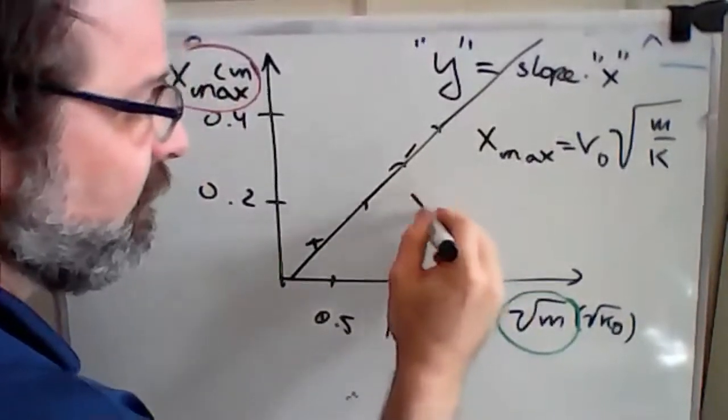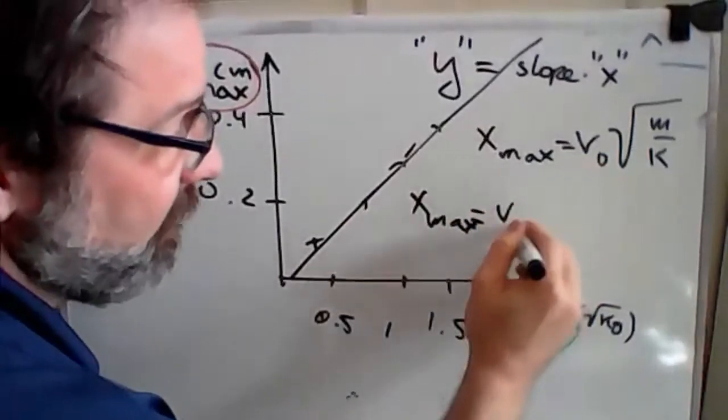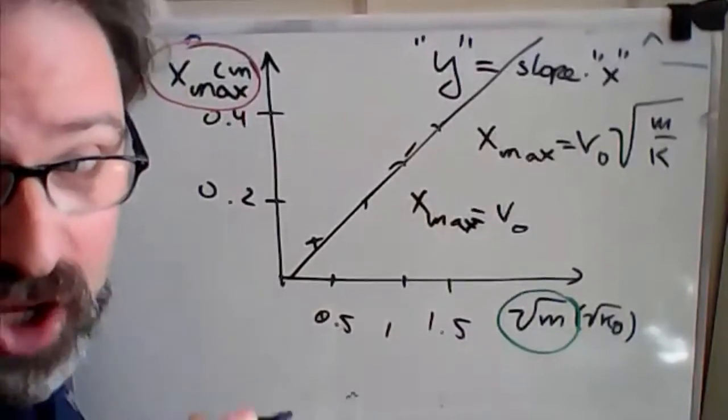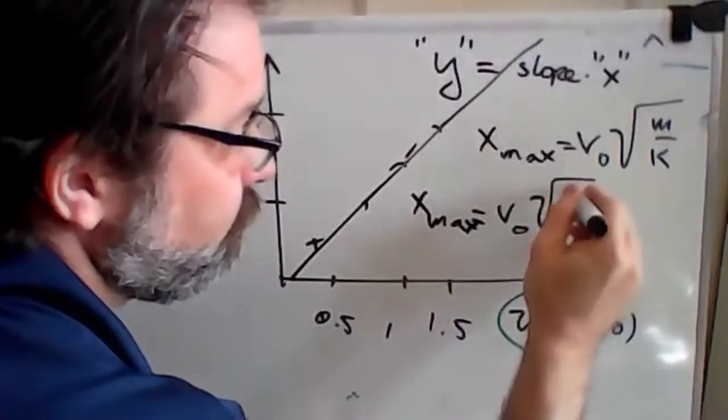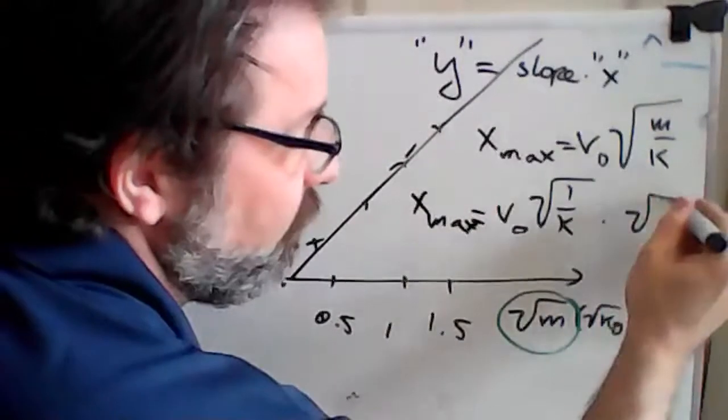So we want to sort the constants out of here to get that going. So let's take a look, x max, and we have v0 as a constant, but in here we have square root of 1 over k. That's also a constant. And then at the end, we have square root of m.